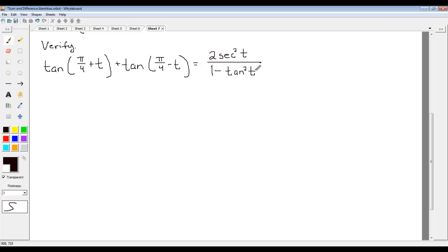There's the problem: we're asked to verify this identity. Now to me, the left side looks more complicated, and that's the side where I recognize these identities we were just doing, so let me work with that.